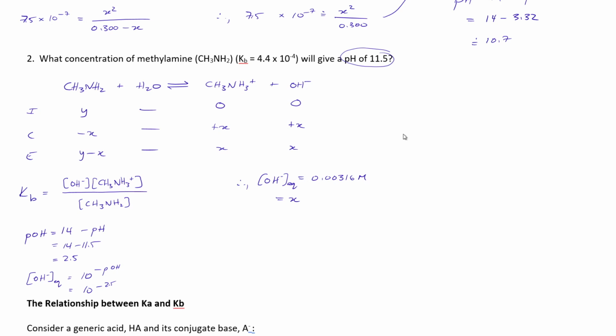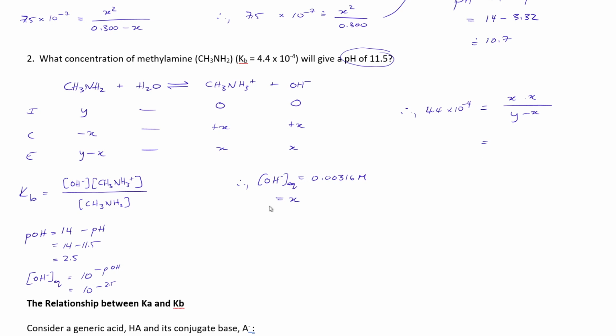My Kb, 4.4 times 10 to the negative 4, is equal to the concentration of my X's, so X times X all over the equilibrium concentration Y minus X.